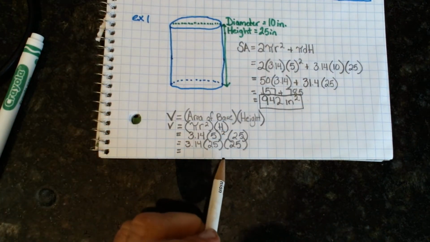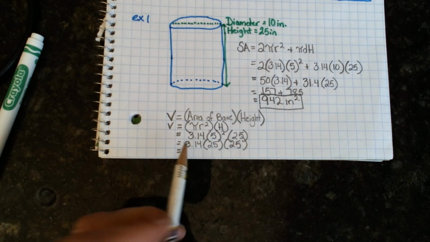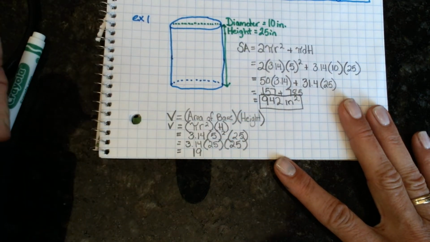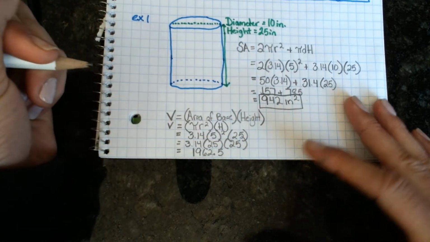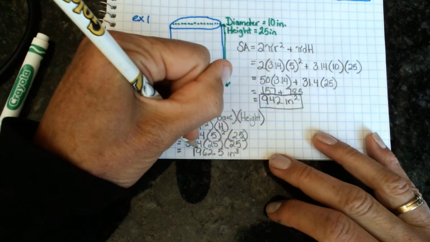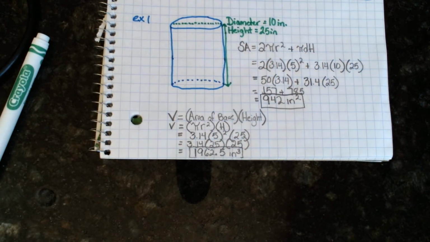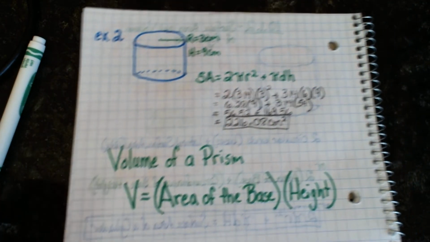And if I multiply that out, 25 times 25 is 625 times 3.14 gives us a total volume of 1,962 and 5/10 inches, and volume is three-dimensional, so inches cubed would be the volume of the cylinder in example 1. Now let's turn to example 2 and find the volume of that one.